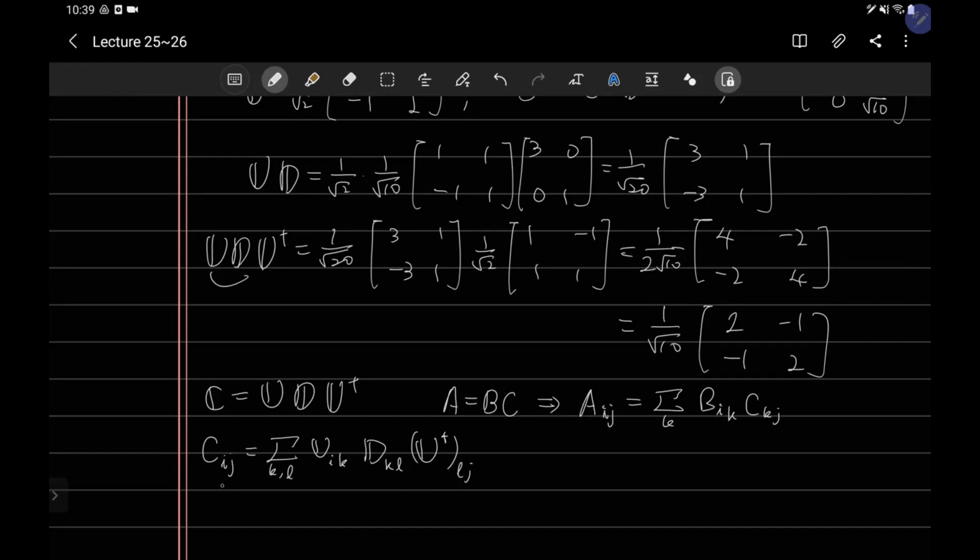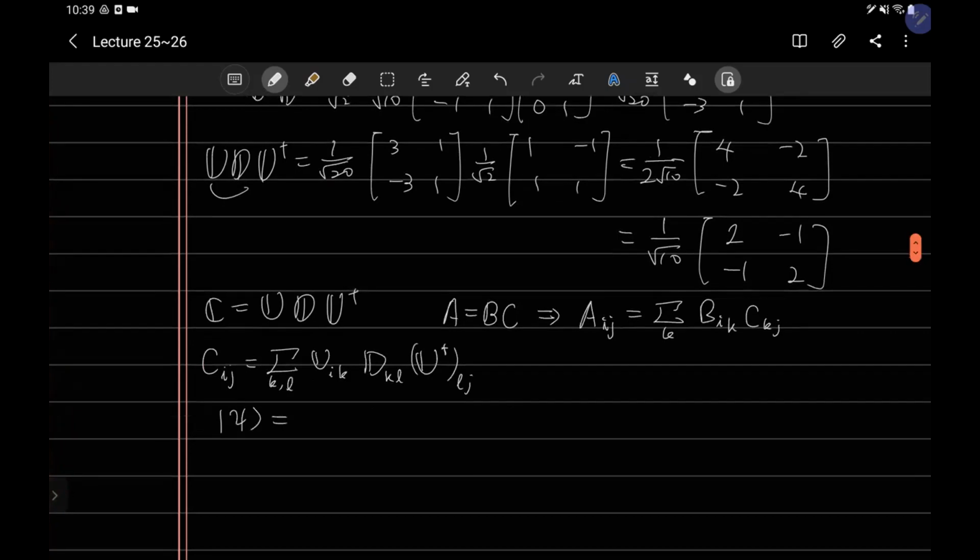And now what I'm going to do is put psi, which was originally in the above.